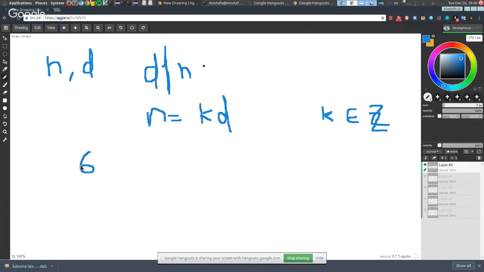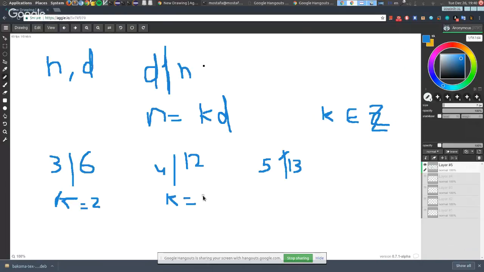For example, 6 is divisible by 3, and 12 is divisible by 4, 13 is not divisible by 5, and so on. Here the k we find is equal to 2, and here the k is equal to 3.